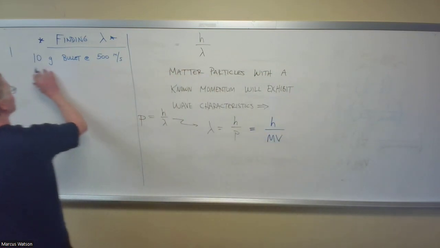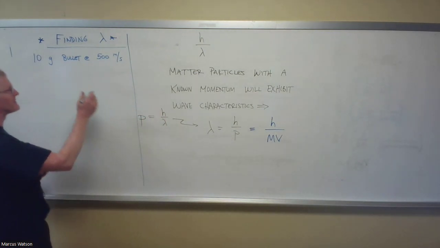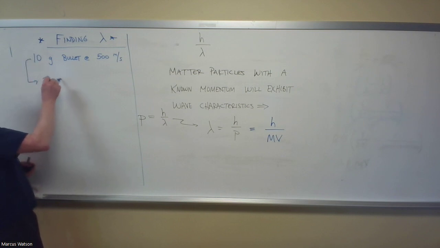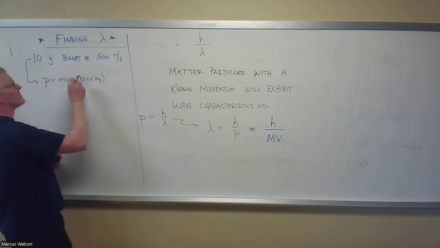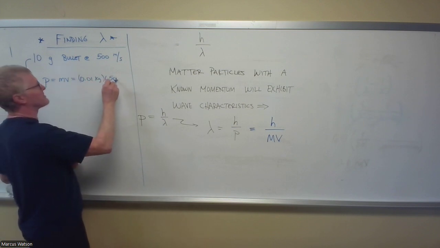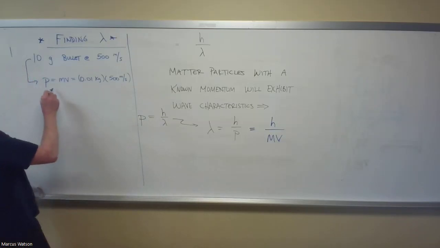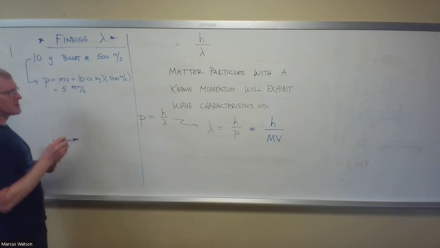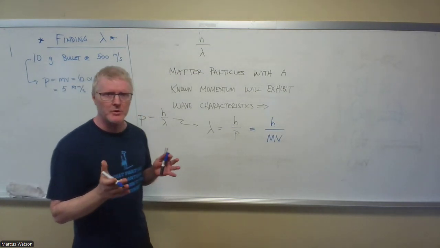So let's calculate the momentum of this and then see what its wavelength characteristic looks like. For this situation, p is mv because it's definitely classical, not relativistic, and it's going to be 0.01 kilograms multiplied by 500 meters per second, which means it's got a momentum of 5 kilogram meters per second.